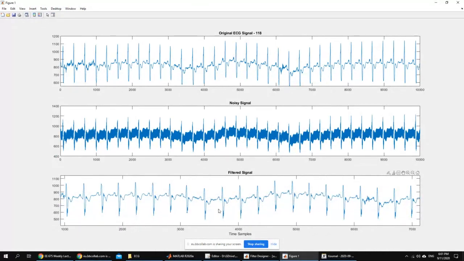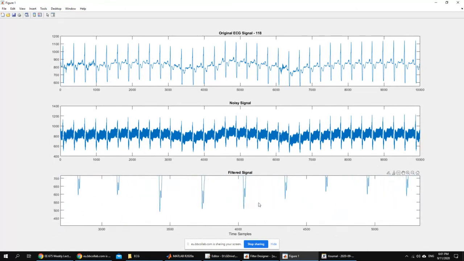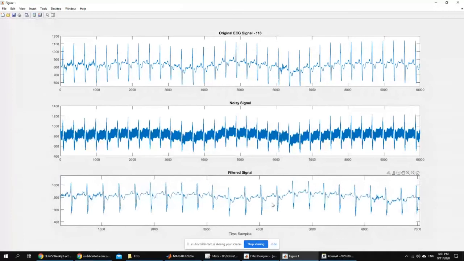But in the other ones, first of all, you see that there are some strange appearances here. See this part here, for example? Doesn't look right, right? You don't have something like that in your original ECG signal. So even though the general appearance of the signal looks okay, you have to be really careful when you're using an IIR filter, because sometimes it doesn't look as good as you think.